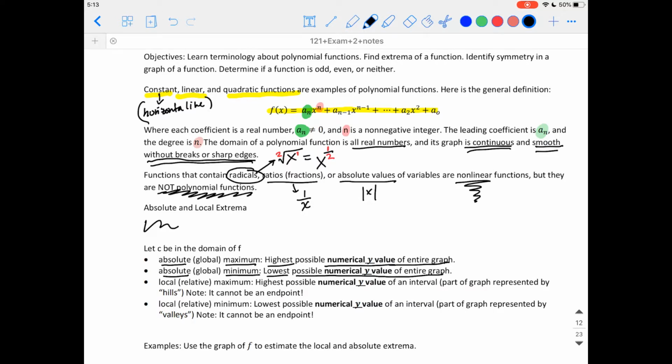Now, contrast this to what we call local or relative maximums. They're the highest point, still the numerical y value, but of an interval. And what is an interval? It's just a part of the graph represented by hills. And I put here, it cannot be an endpoint.